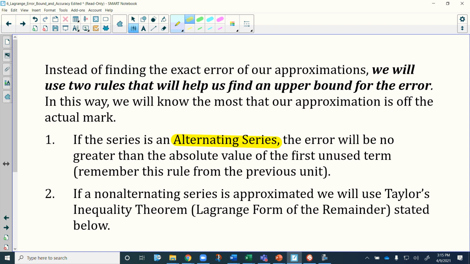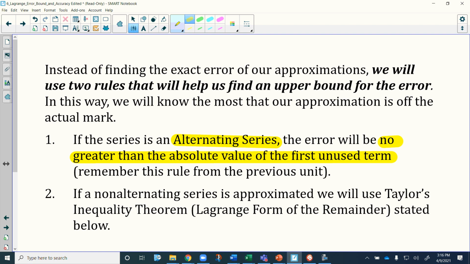If the series is an alternating series, the error will be no greater than the absolute value of the first unused term. And that's kind of what we were seeing in a previous lesson. I can't remember the number off the top of my head. It was from our Unit 9 material. I want to say it was towards the end, maybe section 4 or 5.